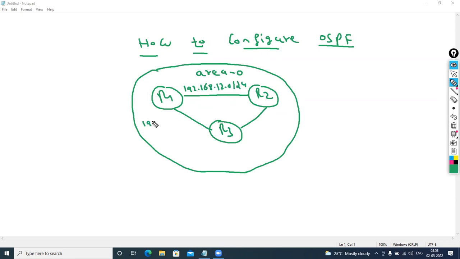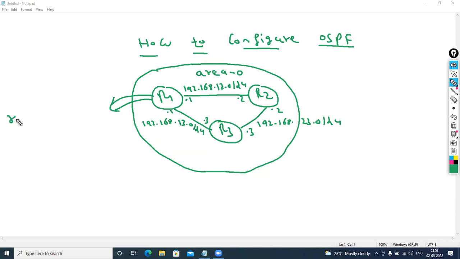This is 192.168.13.0/24. This is 192.168.23.0/24. This is dot one, dot two, dot two, dot three, dot one, and dot three. Now, how to enable OSPF?